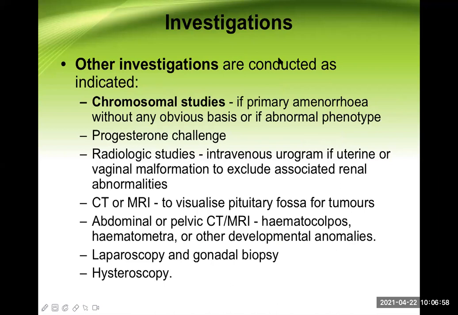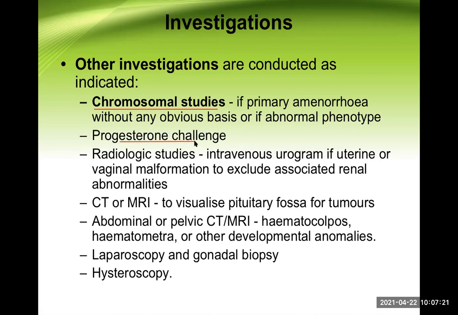Now, what are the other investigations apart from them? Think about all those causes. Chromosomal study: if primary amenorrhea without any obvious basis, or if abnormal phenotype is there, go for the chromosomal study. The chromosomal study will diagnose all those chromosomal abnormalities which may result in amenorrhea.